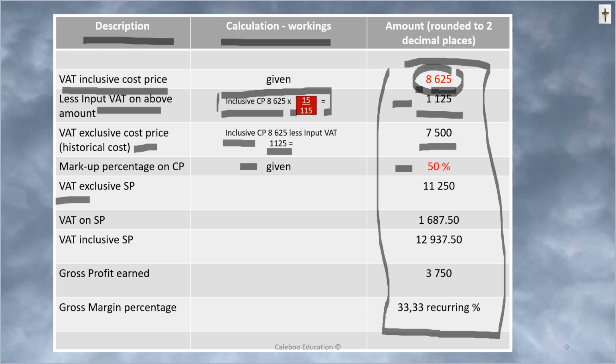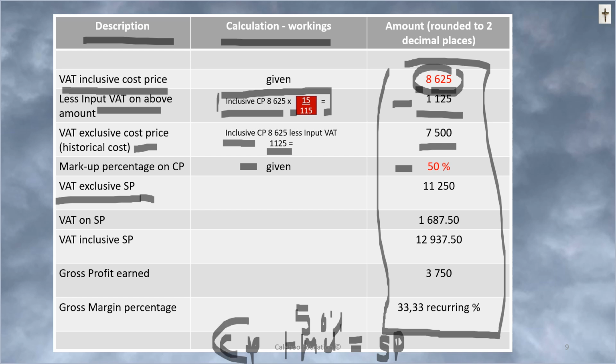So what is the VAT exclusive selling price? The VAT exclusive selling price. Remember, cost price plus markup is equal to selling price. They're just saying what is the selling price excluding VAT. The markup here is 50% on the cost price.